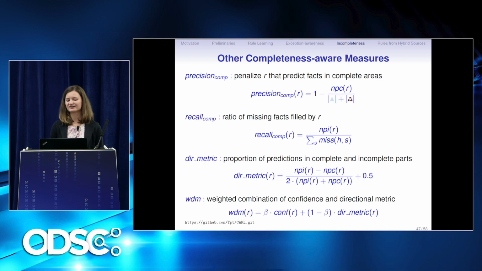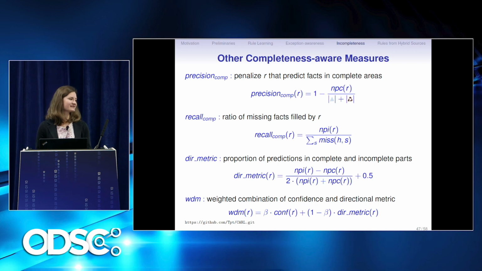And then there were also several other measures that could help us in this context to rank these rules to get the most relevant ones, the most likely ones, like precision in this case, which will penalize rules that predict facts in complete areas, or ratio of missing facts filled by a rule. This is a recall, completeness-aware recall. Some proportion of predictions in complete and incomplete parts of the graph. That would be the directional metrics, and several other measures.